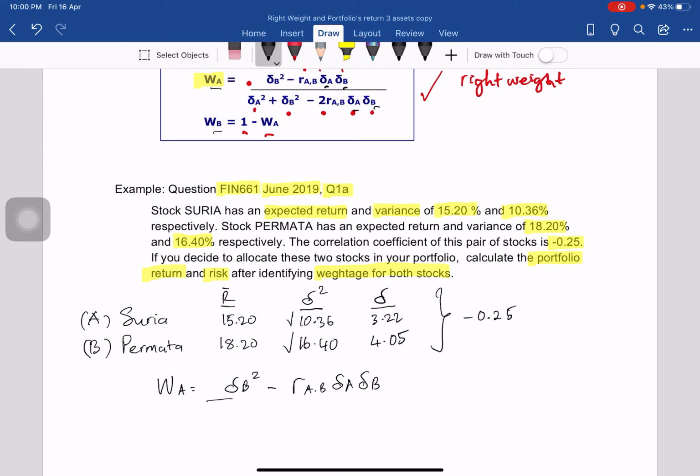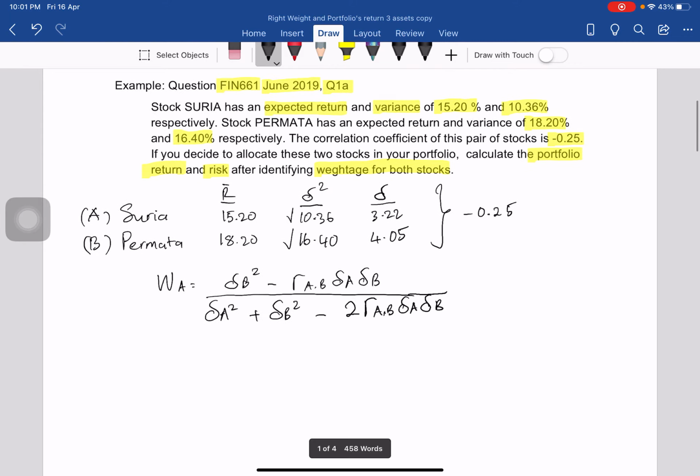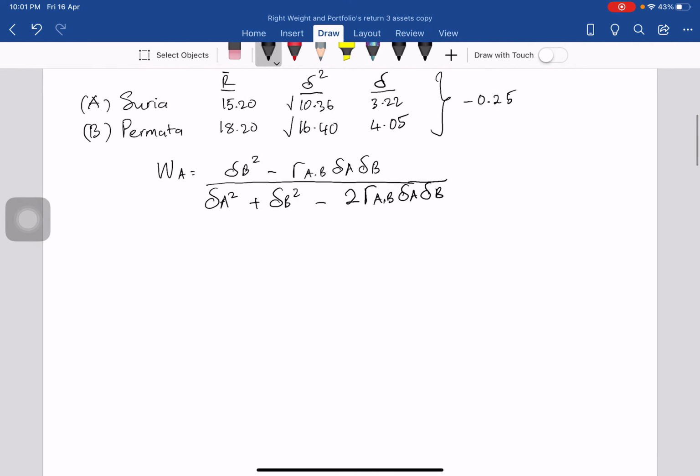And then you divide it by variance A plus variance B minus 2 correlation AB times standard deviation A times standard deviation B. So this is the formula to calculate weight A.